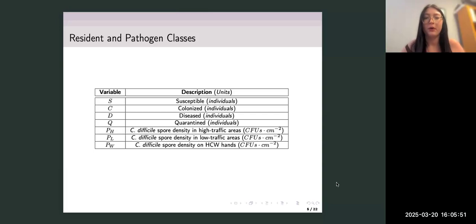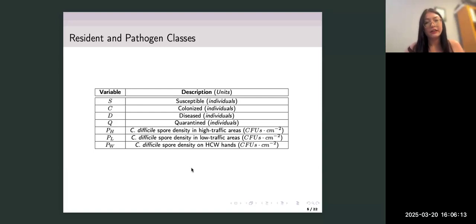Before getting into our model itself, these are our resident and pathogen classes. The first four are our resident classes: S for susceptible, C for colonized, which is also asymptomatically infected, D for diseased, which is symptomatically infected, and Q for quarantined. Then we have pH for our spore density in high traffic areas.